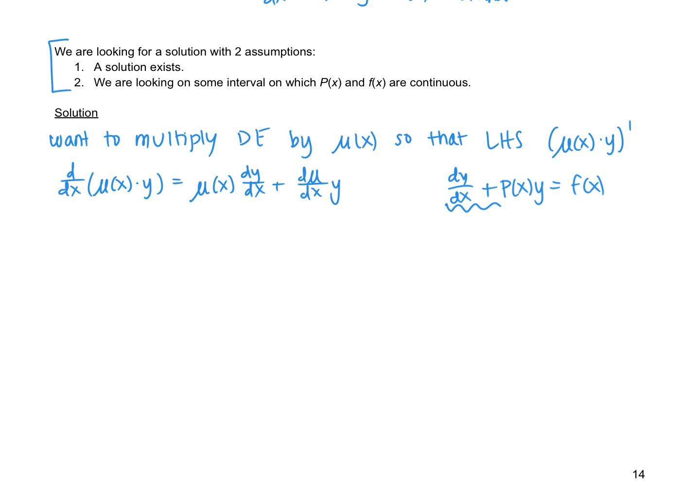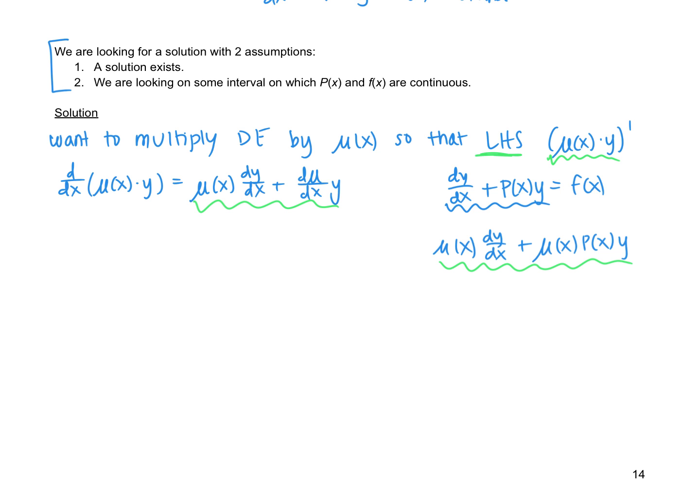If I were to multiply this side of the equation by mu, I would get mu of x dy/dx, add mu of x times p of x multiplied by y. Okay, so what we said above is that we want the left side of the equation to be the derivative of this product. So we need the left side of our equation to be equal to the derivative of the product.